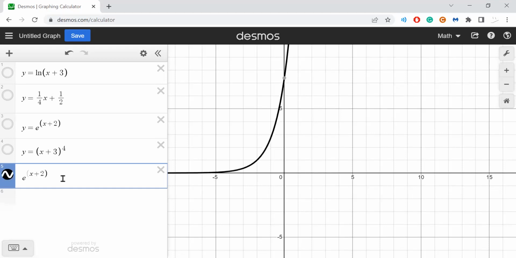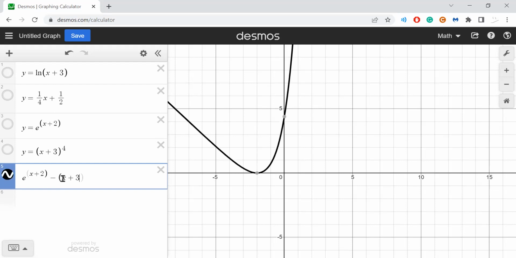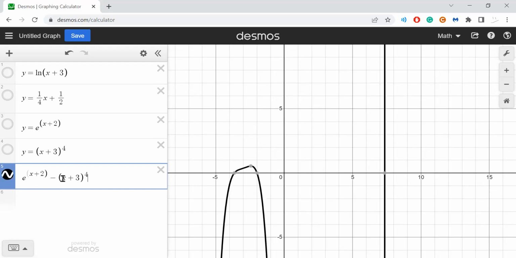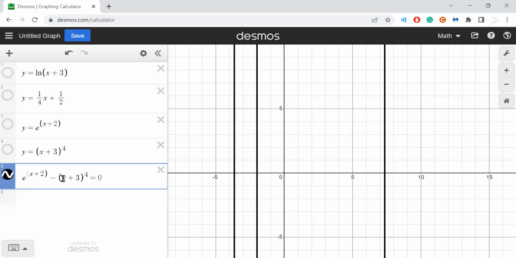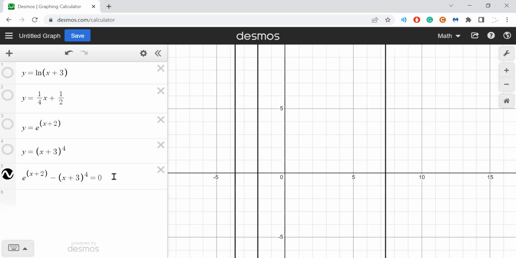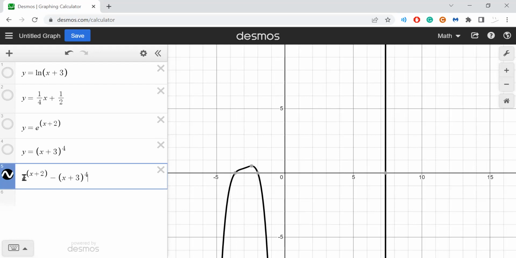And then you subtract away the x plus 3 to the power of 4, and then you equate it to 0. You should get different solutions. Maybe instead of equal to 0, I'll just draw the graph y equals. If you find its roots, these guys, can you see? Those will be the solutions.